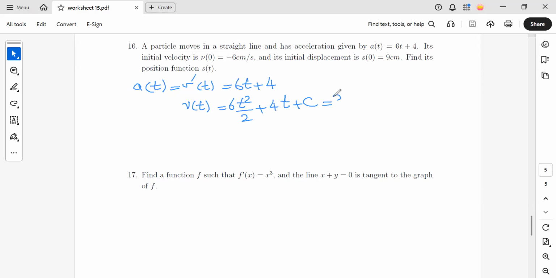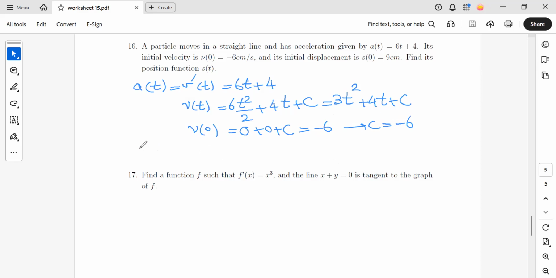After simplification, we would have 3t squared plus 4t plus c. And based on the question, we know that v of 0 is 0 plus 0 plus c, which is equal to negative 6. So c would be negative 6 here.